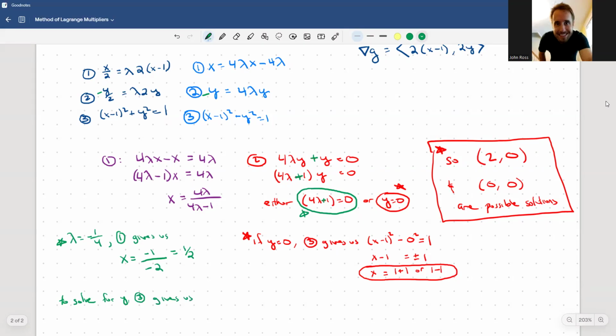And now let's take a look. We've got x minus 1 squared plus y squared equals 1. So that's 1/2 minus 1 squared. That's negative 1/2 squared minus y squared equals 1.